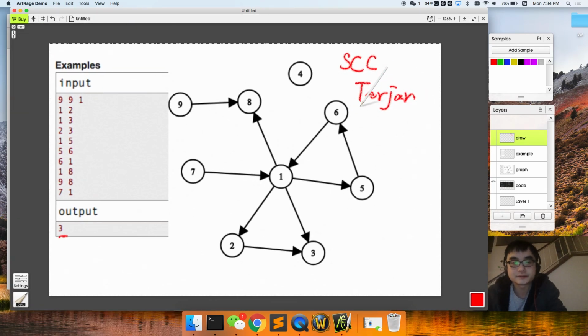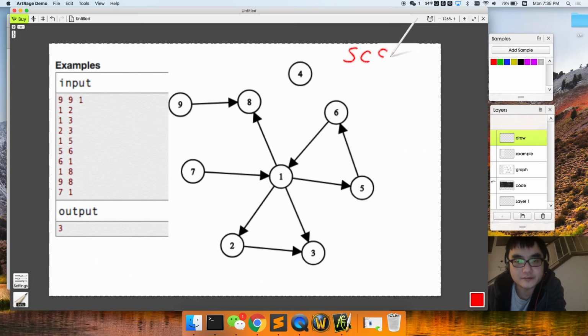So this algorithm is to find the strongly connected components, SCC, right? Strongly connected components in this graph. So what is an SCC, a strongly connected component, I mean?